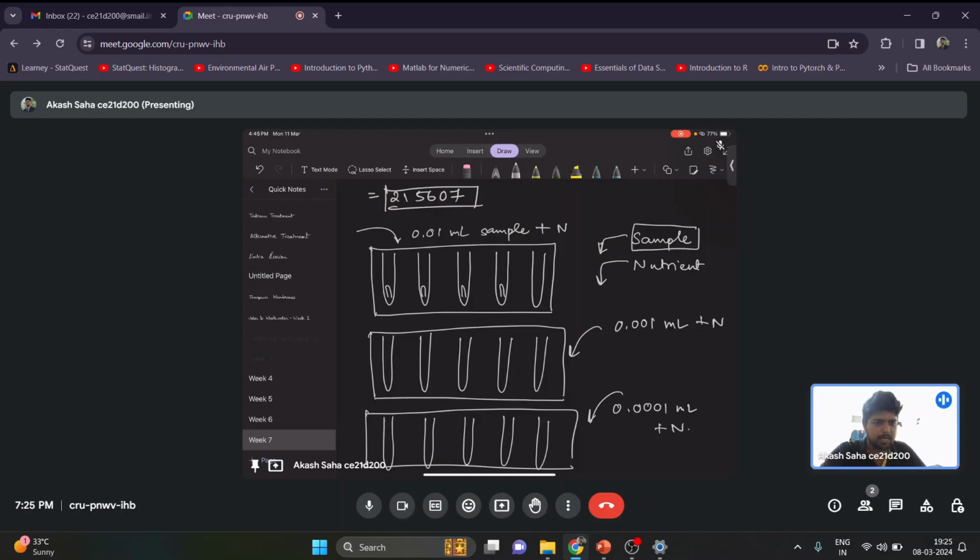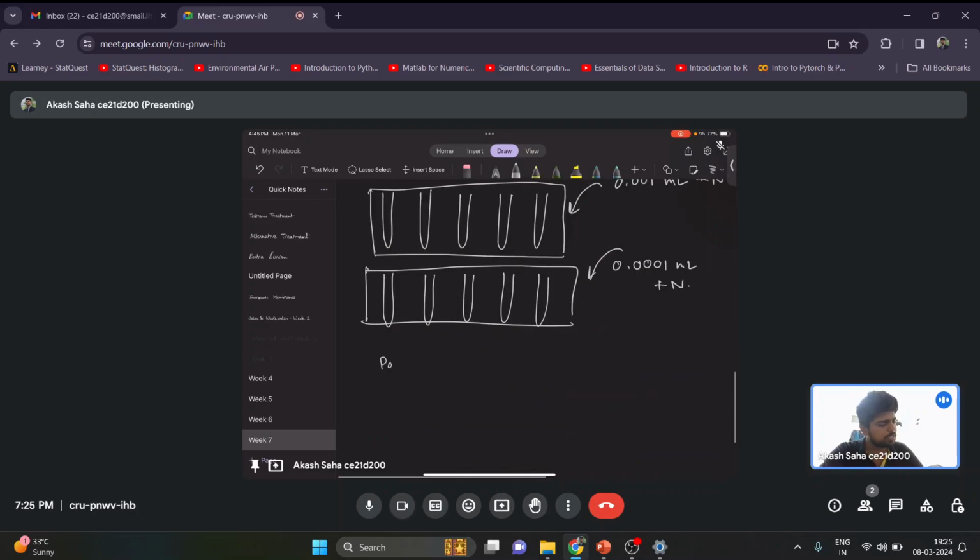So if any microorganisms are present, then there will definitely be some gas formation and it will be collected in this. So we have positive tubes and negative tubes.